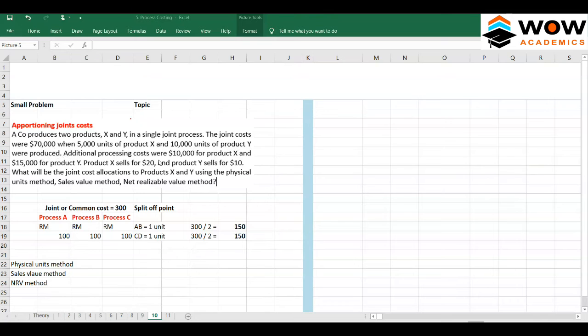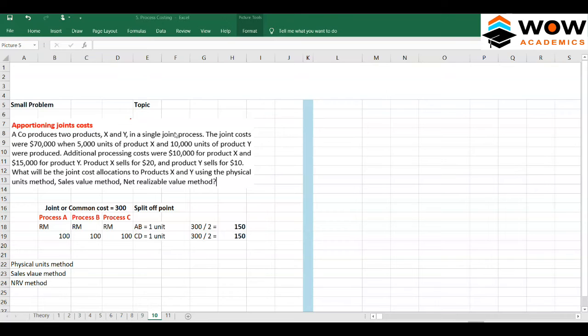Additional processing costs were 10,000 for product X and 15,000 for product Y. Product X sells for $20 and product Y sells for $10. What will be the joint cost allocations to products X and Y using the physical units method, sales value method, and net realizable method? So let's start the problem here.